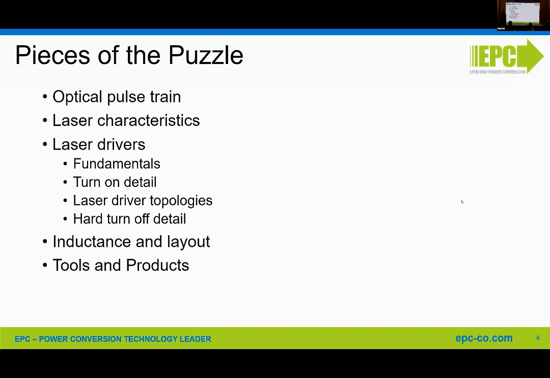We'll look at the fundamentals, some of the detail of the turn on of the laser driver. We'll look at a couple of laser driver topologies, and then we'll look at detail of active turn off of the laser driver. From there, we're going to talk about inductance and layouts, and then we'll show some of the tools and the products that EPC has for laser drivers for LiDAR.